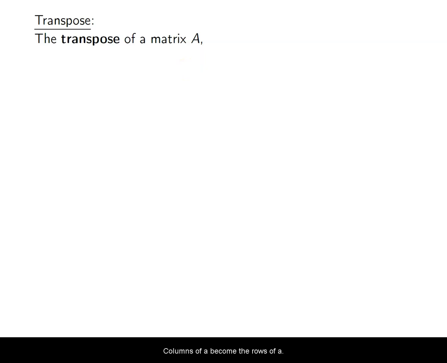Transpose, super important. We'll see it quite a bit, and as we get into the last chapter of this textbook, we talk about the transpose everywhere, right? So transpose is important. The transpose of a matrix is just the swapping of the rows and the columns. So the transpose of A, the columns of A become the rows of the transpose, and the rows of A become the columns of the transpose.